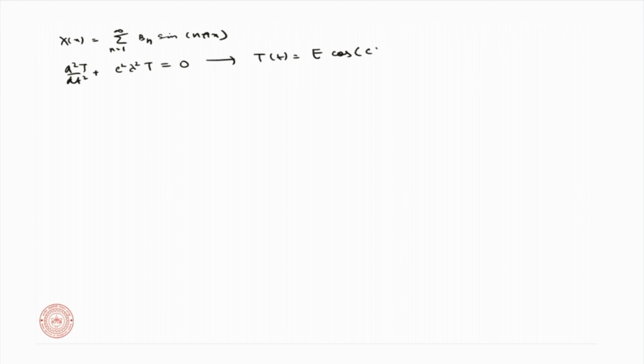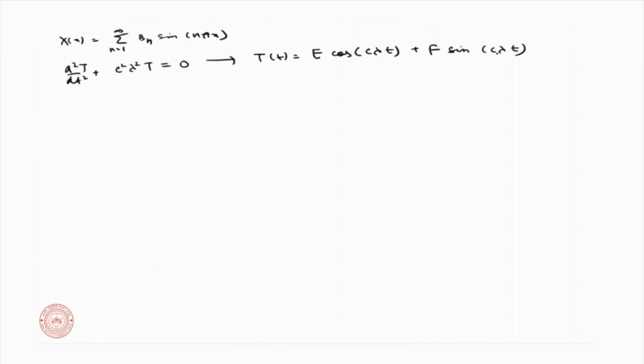Let's write our X of x, which will be summation n equals 1 to infinity b n of sine of n pi x. For our time equation, d square T by dt square plus c square lambda square T was equal to 0, we would get T of t will be equal to some E of cos c lambda t plus F of sine c lambda t.